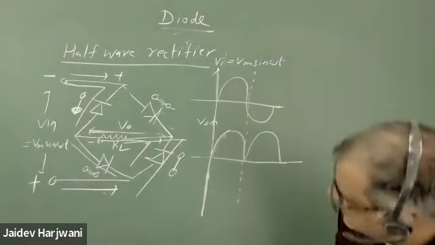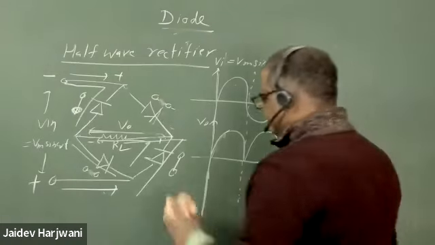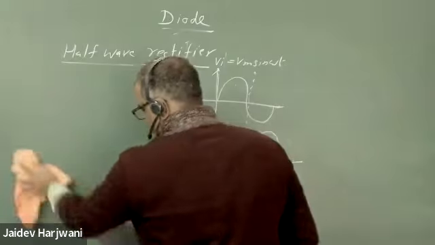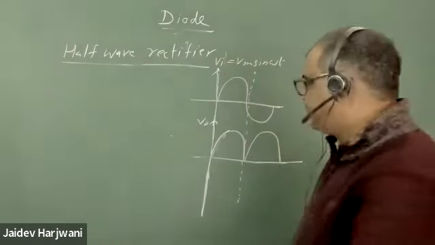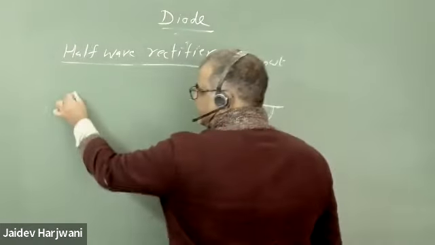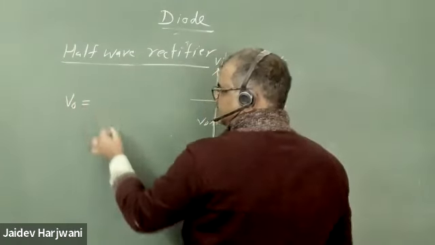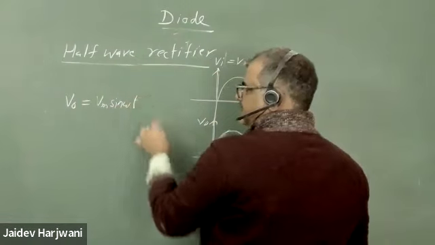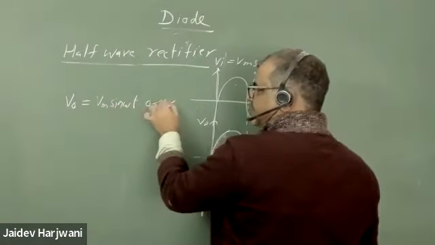Okay. So now once you know V output, you can write this as a function. So I have V naught equals Vm sin omega t for 0 to T by 2.